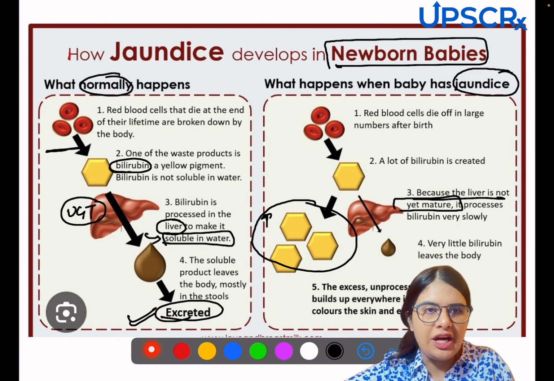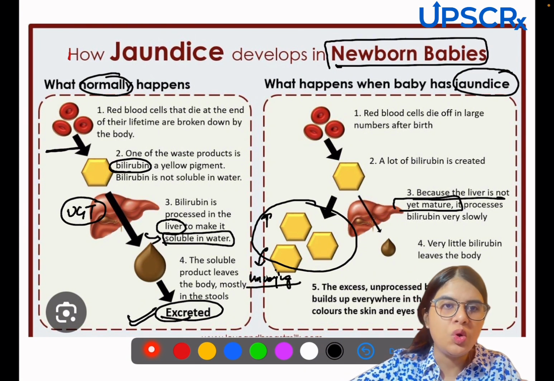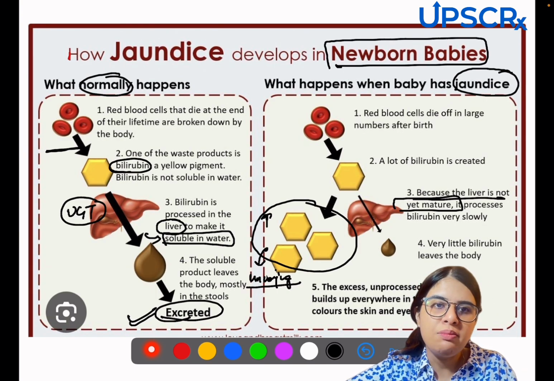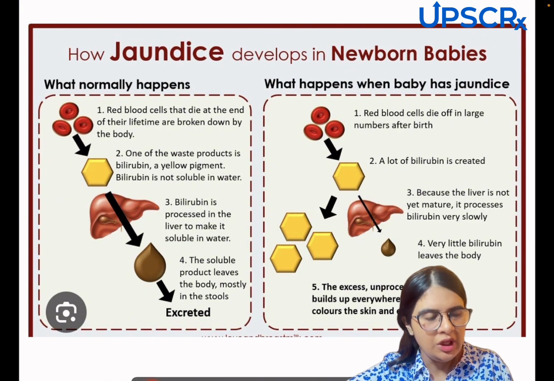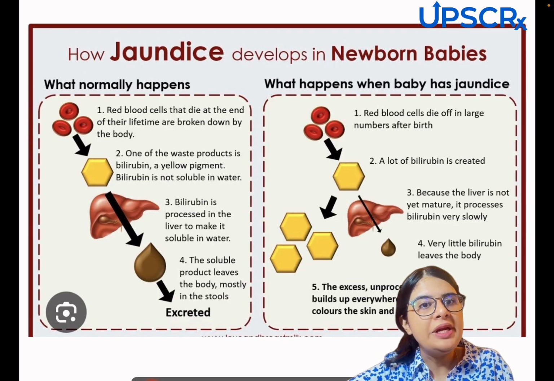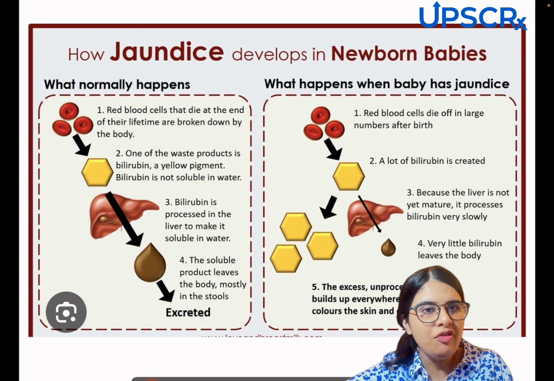The unconjugated fraction will increase and therefore it will cause unconjugated hyperbilirubinemia. So usually in neonates, we see unconjugated hyperbilirubinemia because of immaturity of enzymes and of the liver. Therefore, jaundice will be more common in preterm neonates, right? In preterm neonates, there is high propensity of jaundice.